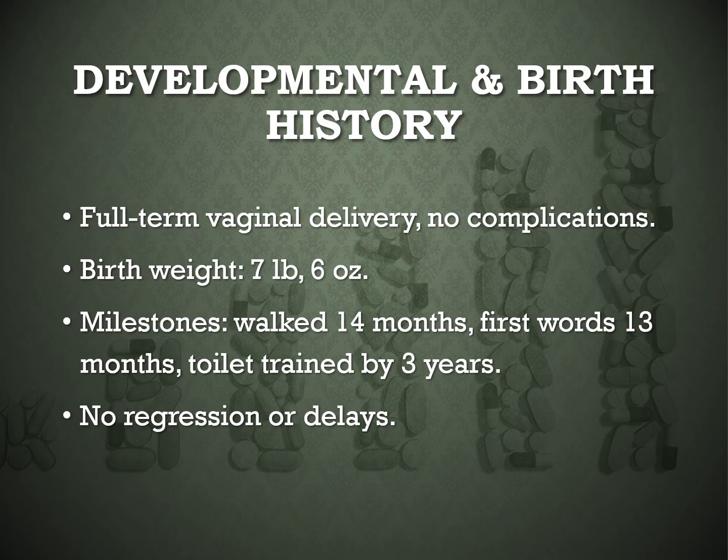His developmental milestones were age appropriate: walking by 14 months, his first words by 13 months, and toilet training by 3 years. There have been no regressions or developmental delays, which helps us rule out broader neurodevelopmental disorders.